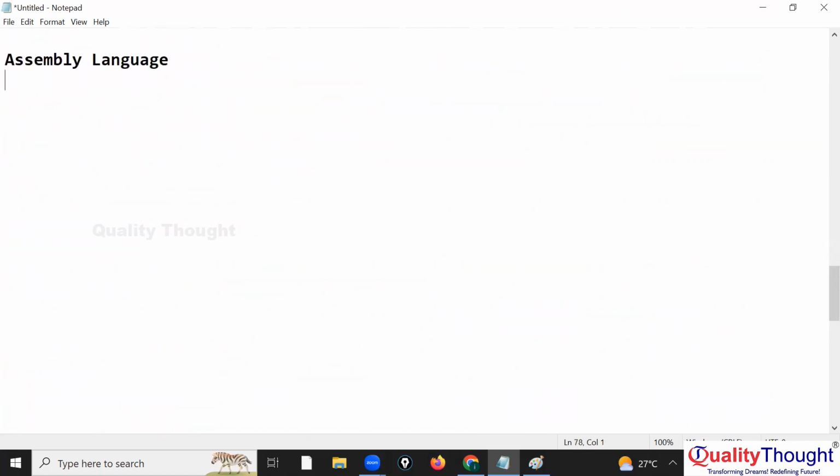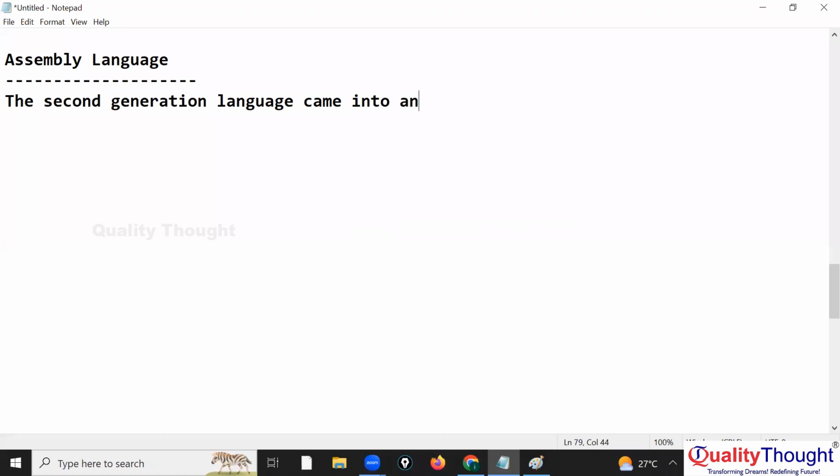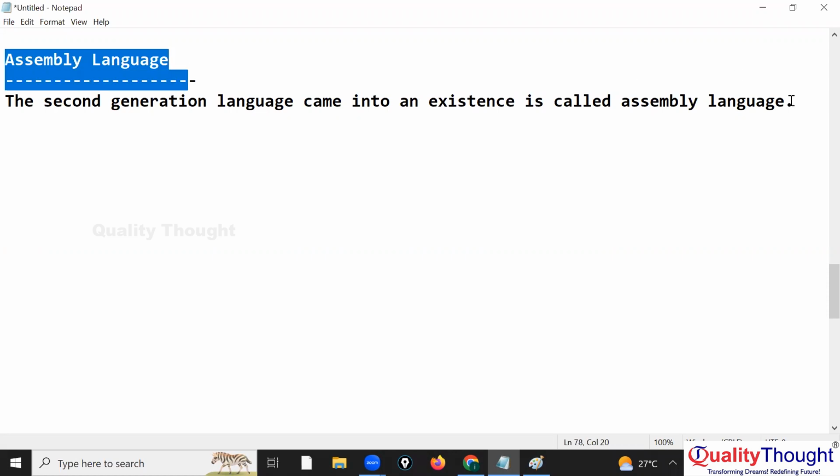Now you focus. Assembly language means the second generation language came into existence. Existence is called assembly language. So see here, the first generation machine language came. In the second generation, who came? Assembly language came.